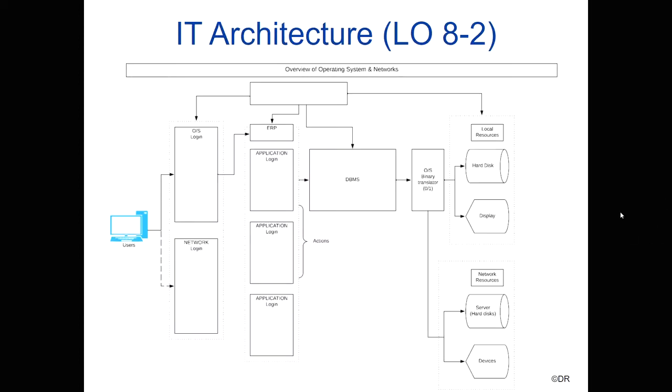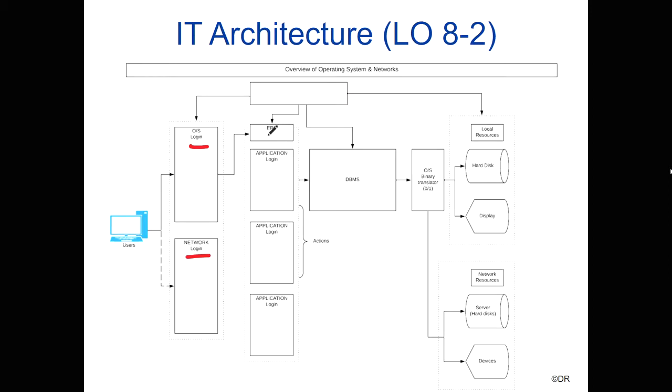So this Learning Objective 2 really ties in with me in terms of the IT architecture. And so thinking about this, we have users that access the operating system within a firm's IT environment. A lot of times it's paired with the network login at the same time. So when you're logging in to the operating system, you're also logging in simultaneously to the network.